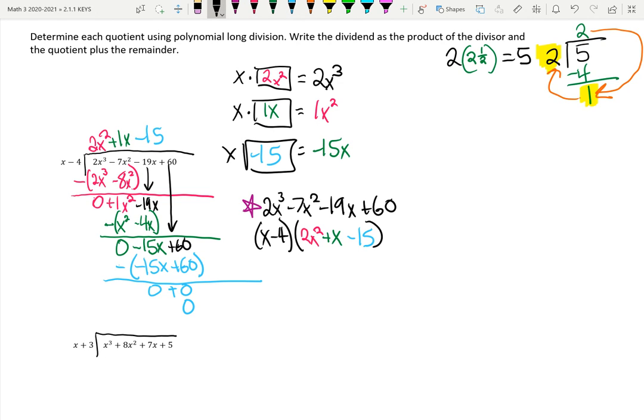Many of you would be done there, and you would be fine. But I do want you to check for opportunities to factor again. In my mind's eye, I see a quadratic, so I'm going to quickly assess whether or not I can factor it further: 2x squared plus x minus 15. I need to get a positive x from doing this.